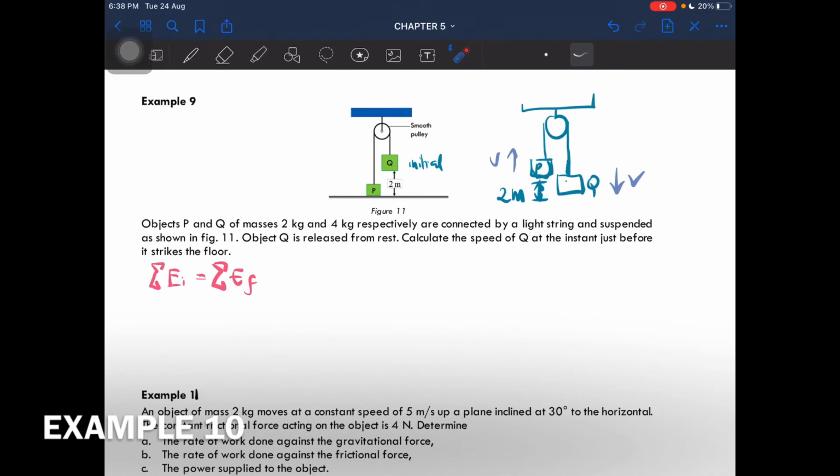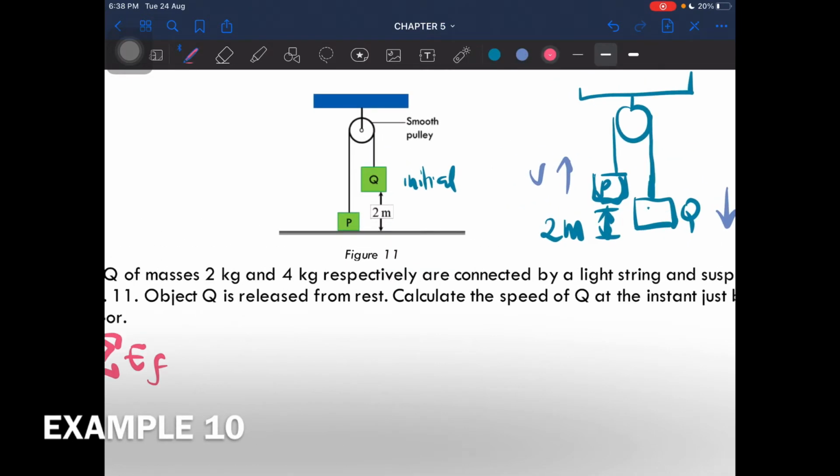So initially, what energy is present? There is gravitational potential energy, which is mgh for object Q. We will call this UQ. For object P, since its speed is equal to 0, we will not have any kinetic energy because it's not moving.